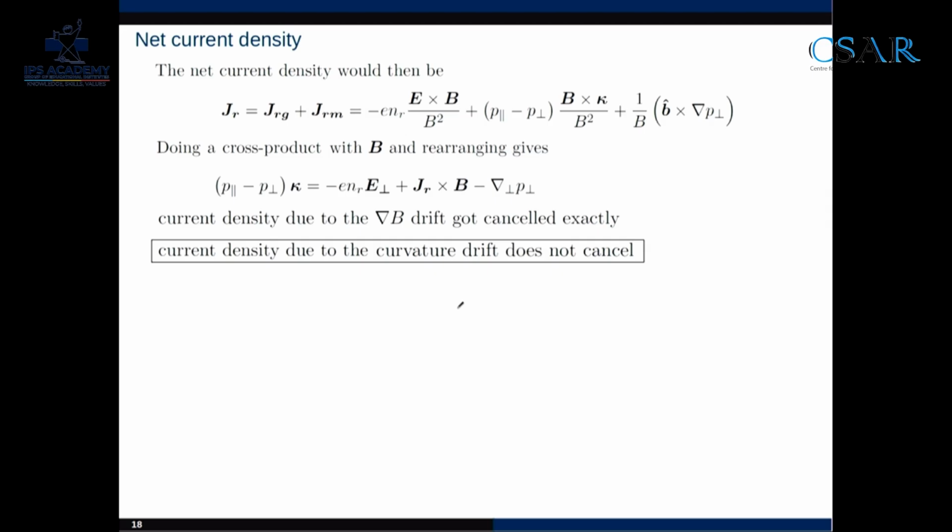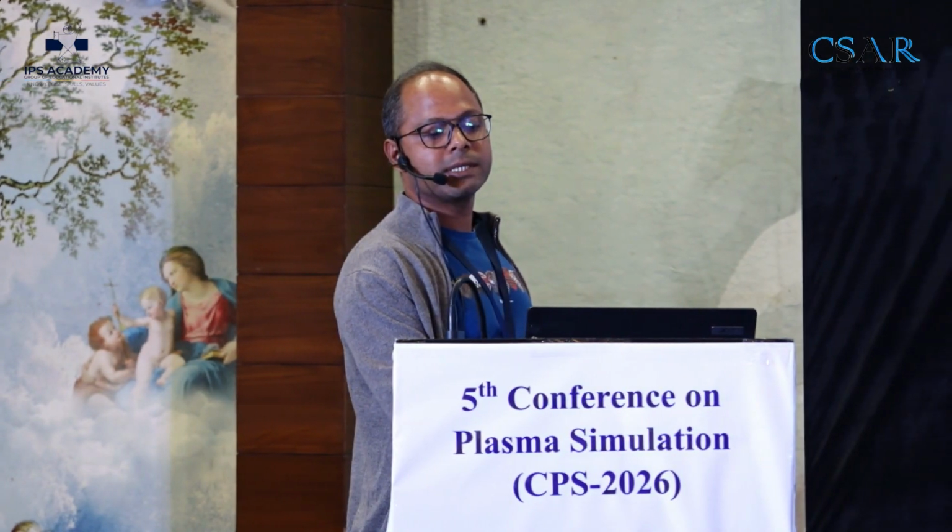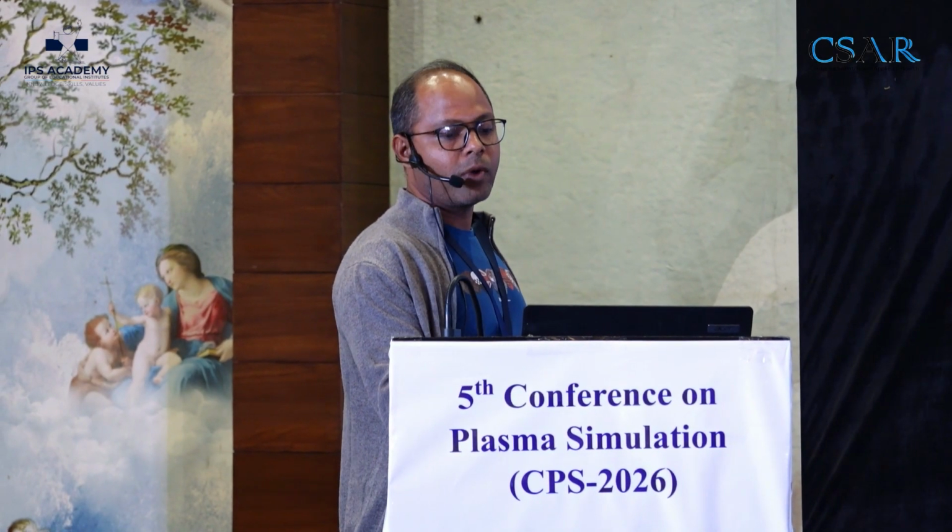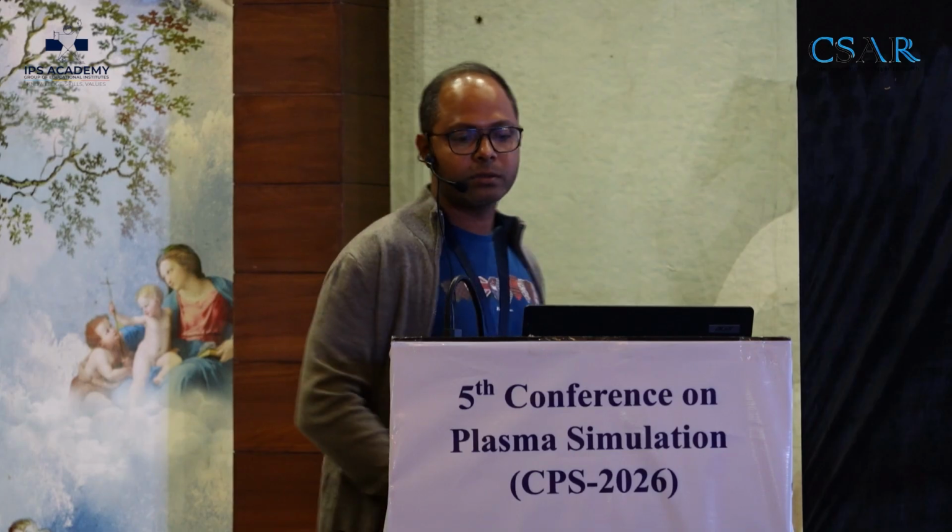So this means J cross B is no more equal to grad P. Grad P is anyway negligible in a cold plasma, but this curvature drift effect starts to become important. What this manifests as is in a way known.